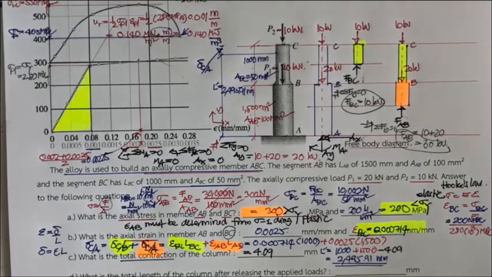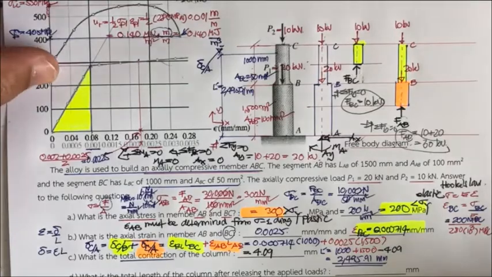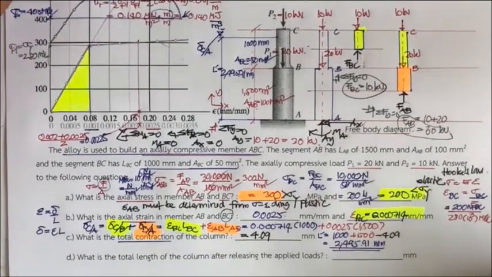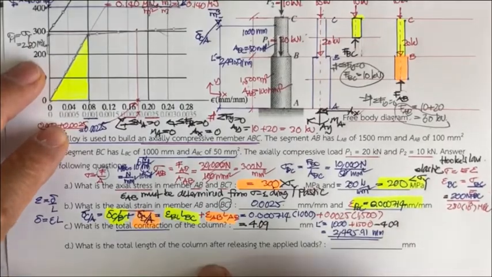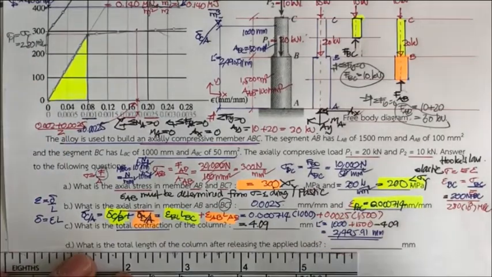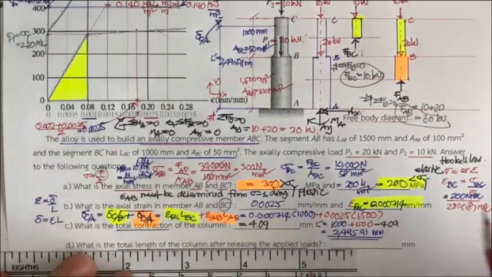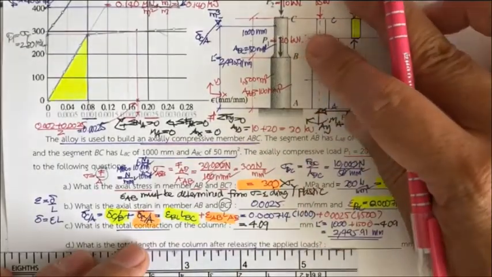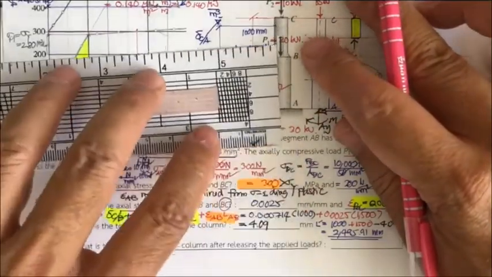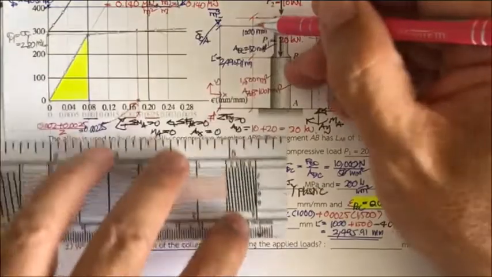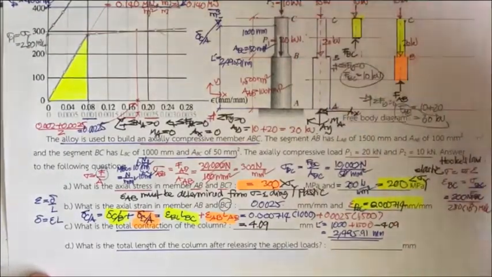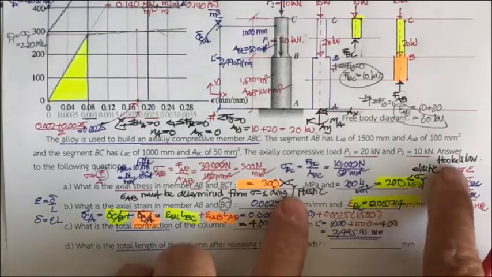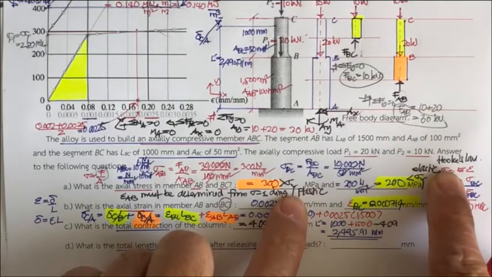Then they ask us another one. Let me move this a bit more. They ask what's the total length of the column after we take P1 and P2 out. That means it's going to recover fully if both of them have elastic behavior.